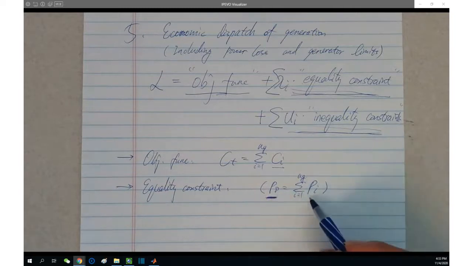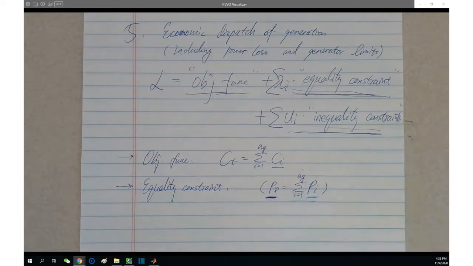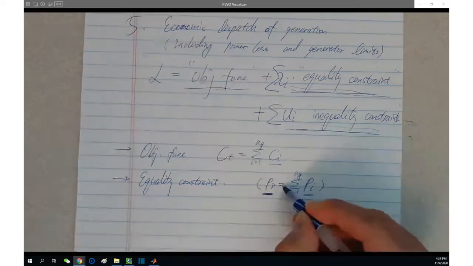And the summation of what your generators generate must be equal to it, no less. If you generate more, you're paying for the customer, which is not good for a company. If you generate less, then the customer is going to be upset. So no more, no less. Exactly equal. That's why it's an equality constraint.